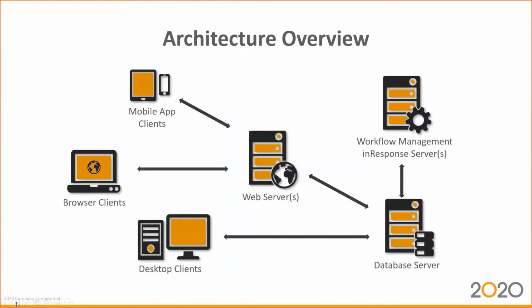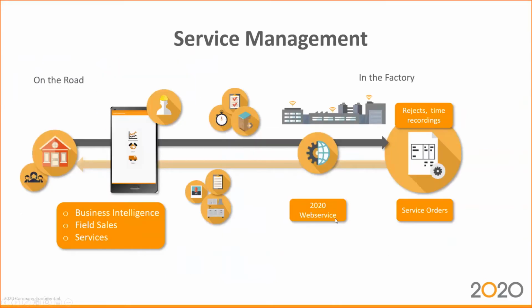So let's have a look at the mobile apps first. What you see here is basically a schematic of how we tie the information that we obtain on the road to the factory, right? We have mobile apps that consist of three major categories. The first one is business intelligence.